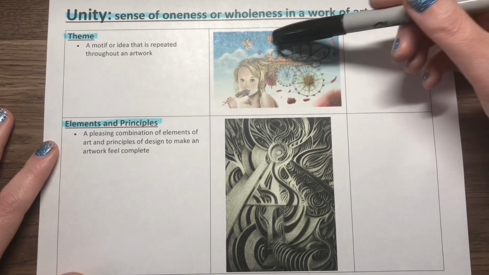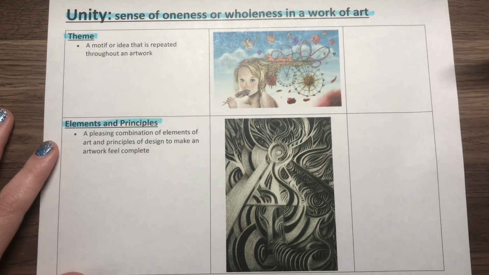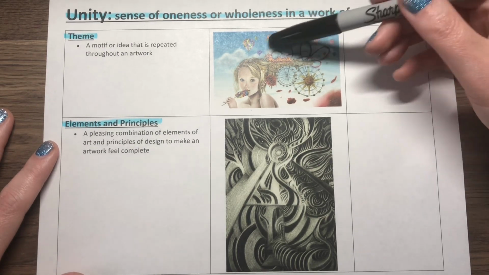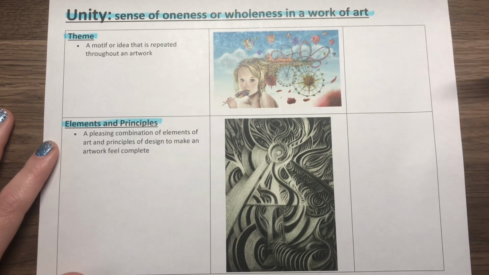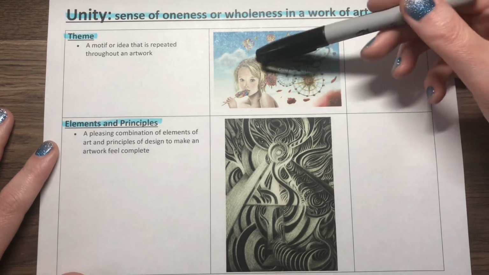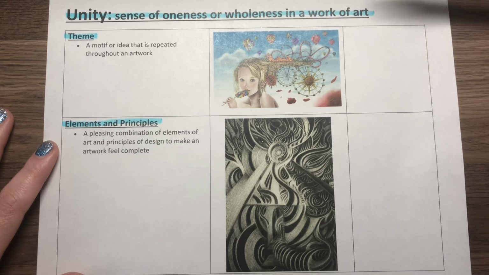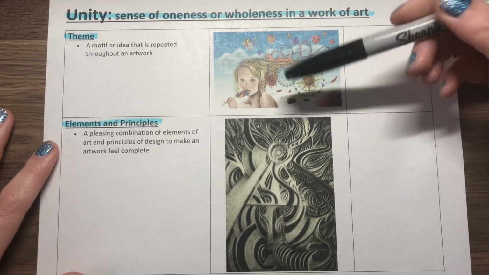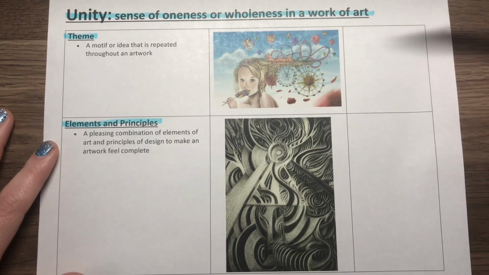Because these are all things that a kid would think was cool. So it could be that. It might be that the theme is fun because doing all these different things would be fun. So there's different ways you can come up with a theme. You can have a big idea for your theme, such as fun or childhood.